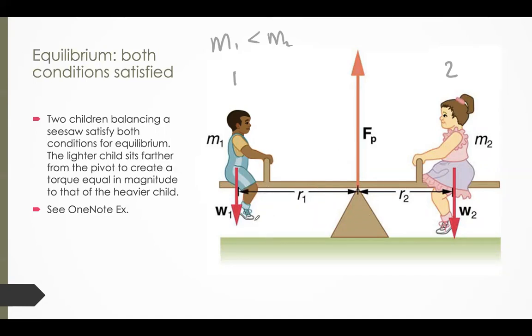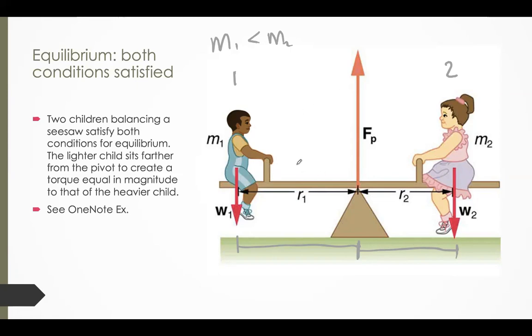One of them will need to shift their distance from the midpoint in order to be in equilibrium, and that's what they've done.